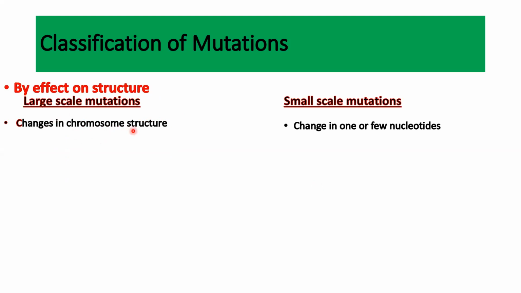It may also represent changes in chromosome sequences at large scale. On the other hand, small scale mutations represent a change in a few nucleotides. Mostly it is a change of a single nucleotide, but sometimes it can also represent a change in multiple nucleotides.